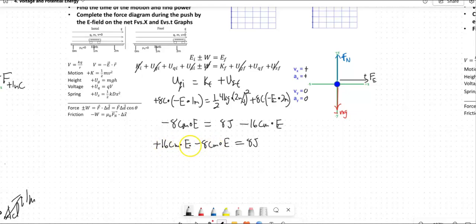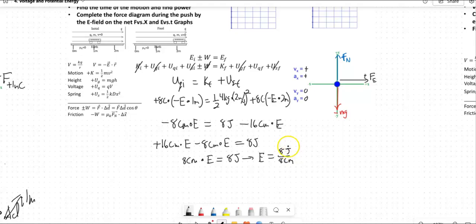So when we subtract these two, we're going to get 8 coulomb meters times the electric field equals 8 joules. And so the electric field is going to be equal to 8 joules divided by 8 coulomb meters.